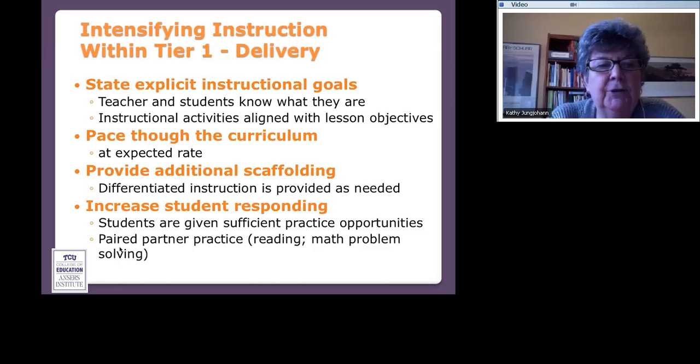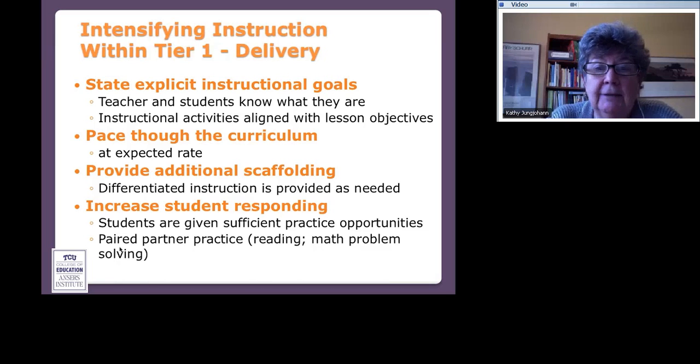Or at the end of the school year, teachers find that they've only been able to cover 2/3 of the math curriculum, therefore leaving the kids with 1/3 of the math curriculum as they move into the next grade level. So pacing through the curriculum is also an important aspect to look at, and it's important to think about the need to be sure to address all the high priority skills within that curriculum at that grade.